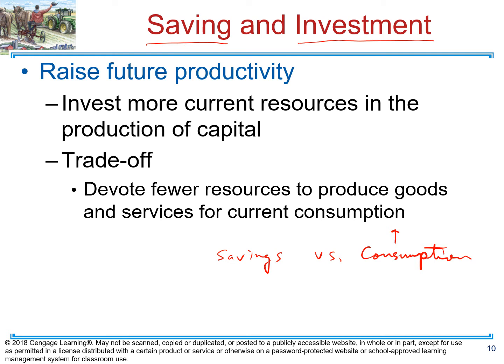For the economy as a whole, if consumption is too high, the current economy will be good, but savings is too low, then investment for the future economy will be low. So there is a trade-off relationship between consumption and savings, and then savings to investment.